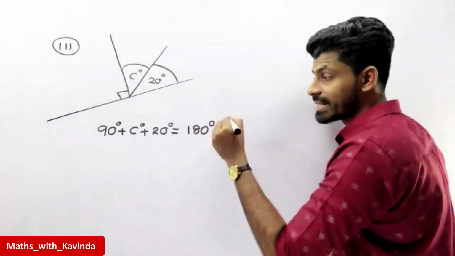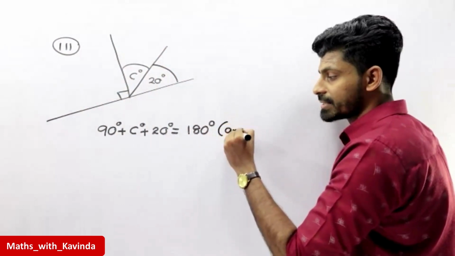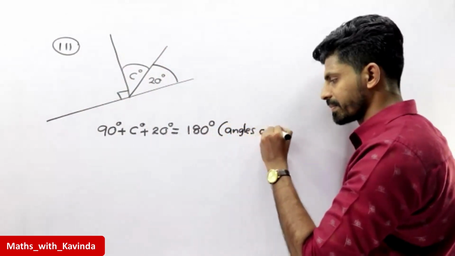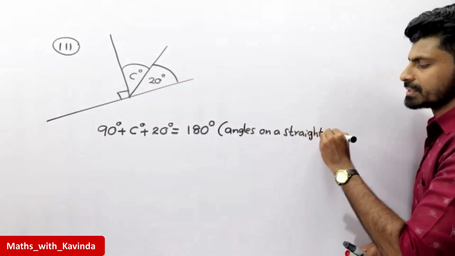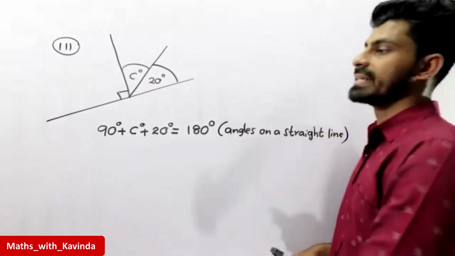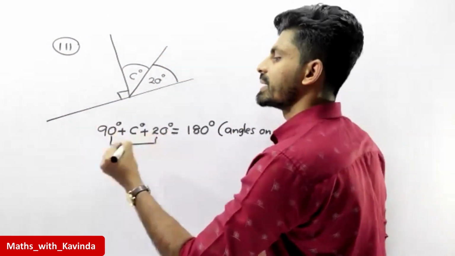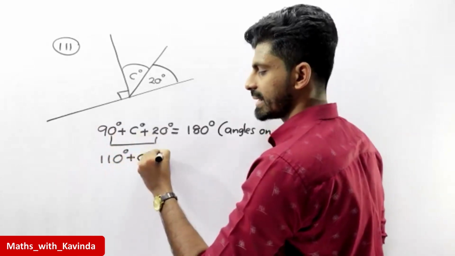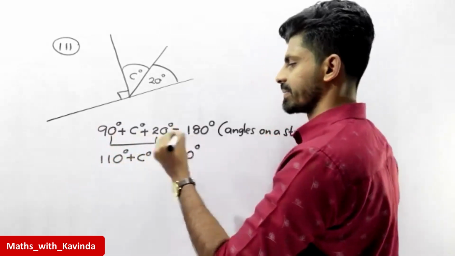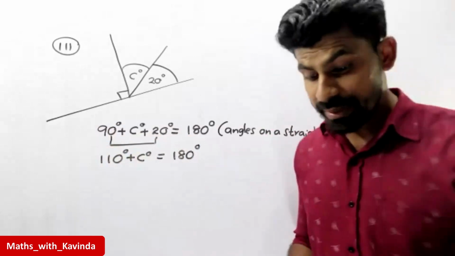You need to write down the reason: angles on a straight line. Right? 90 plus 20, 110, plus C equals 180. How to remove the plus 110?